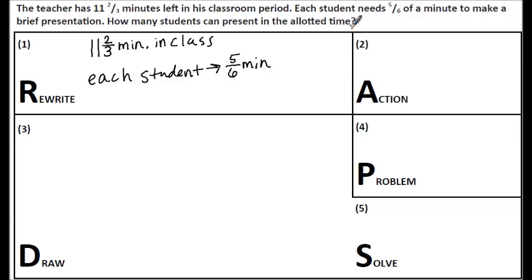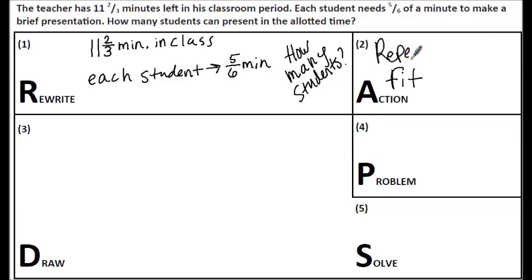Now, allotted means the given time, the amount of time that we have. So we want to know how many student presentations can fit into what's left over in class. So if we want to know how many students fit, we fit the first student in, then we try to fit the second student, and then the third, and then the fourth.